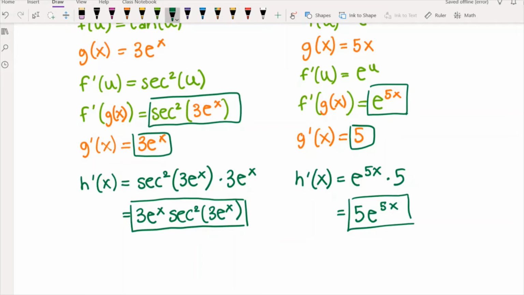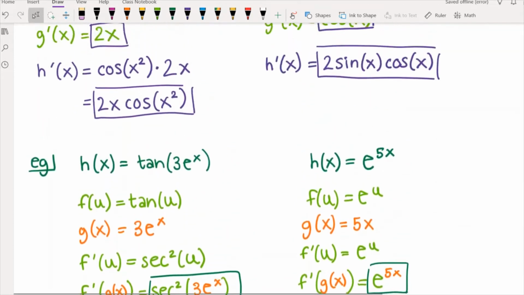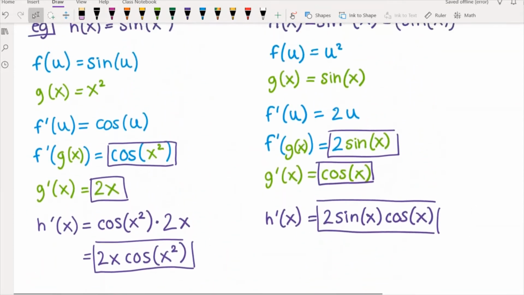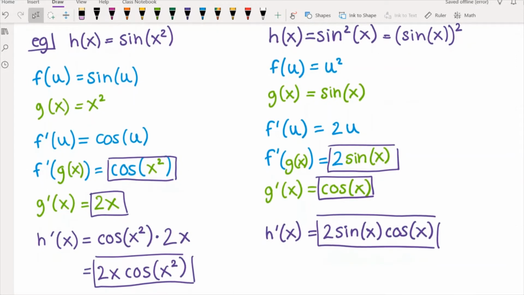So one thing I just want to quickly point out, and these are not necessarily the best examples for that, so I want to scroll back to these for a second. I just thought of a common mistake that I want to make sure I mention. The most common way I see people mess up on the chain rule is that they'll simultaneously take the derivative of the outside and the inside part. So for example, looking at this one, an incorrect way to do this would be to say, oh, the derivative is cosine of 2x.